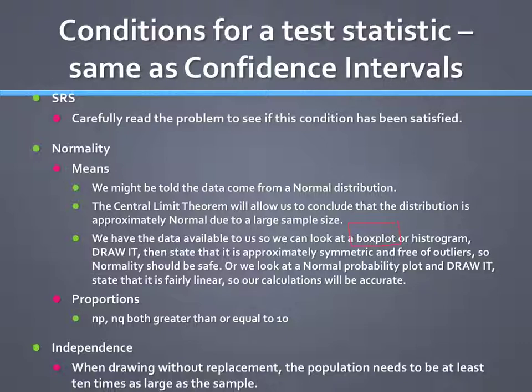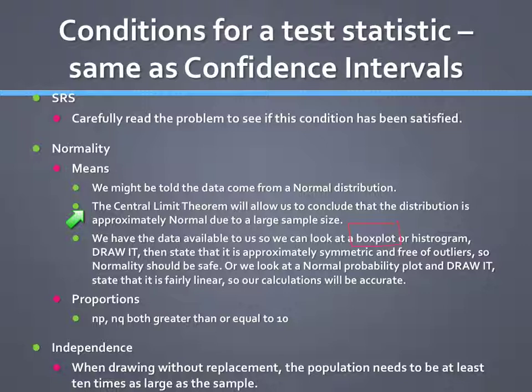Because you're only going to be assessing the distribution graphically when the central limit theorem is not in place, so when we don't have a sample size that's 30 or more, a box plot is going to give you a better idea of the shape of the data. So I do recommend that you default to the box plot instead of the histogram, and the modified box plot so that you can see if there are any outliers.